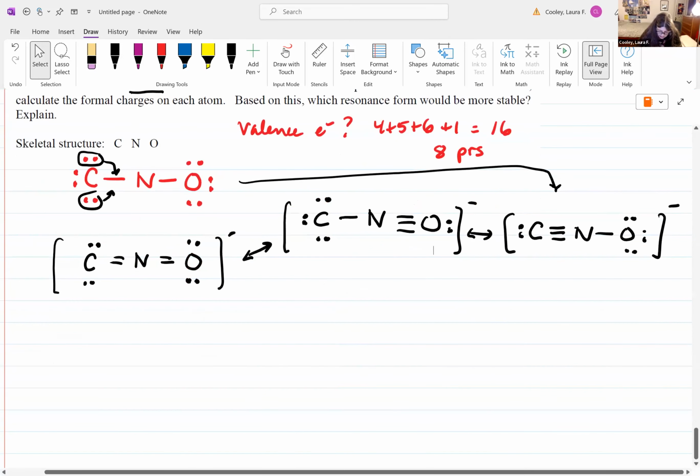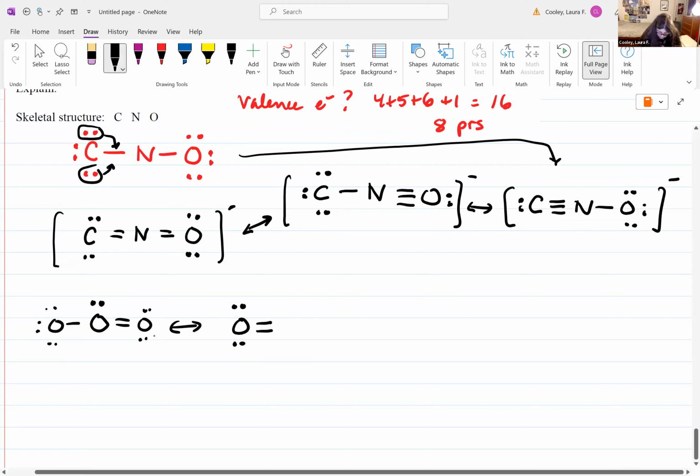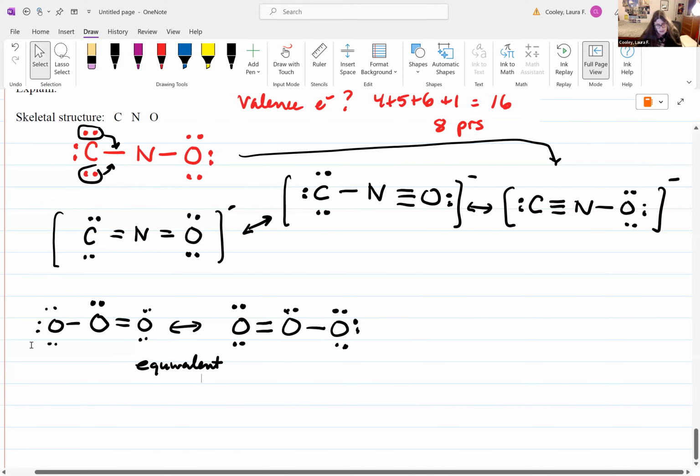So when we have like what we had before with the ozone, these are equivalent, in a sense that you have one double bond and one single bond.